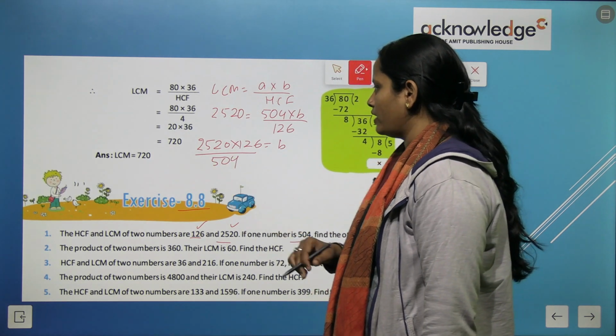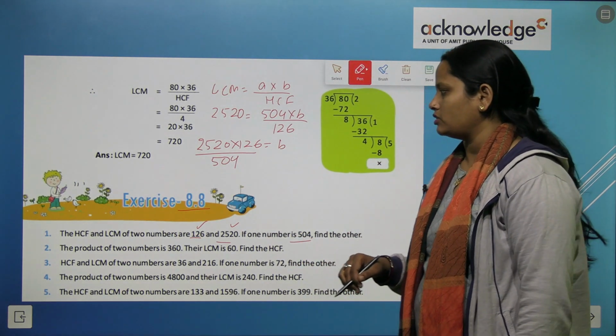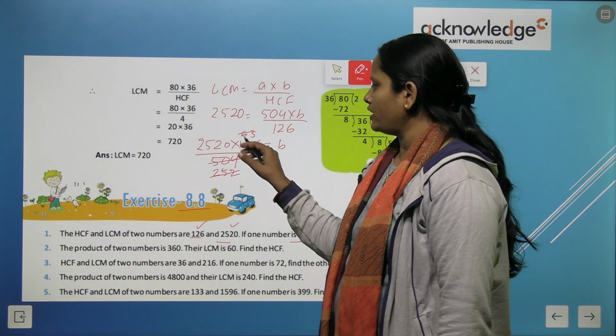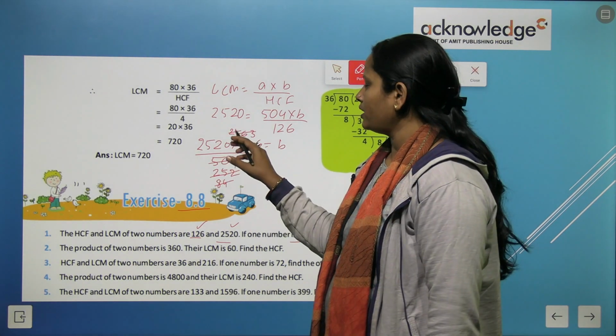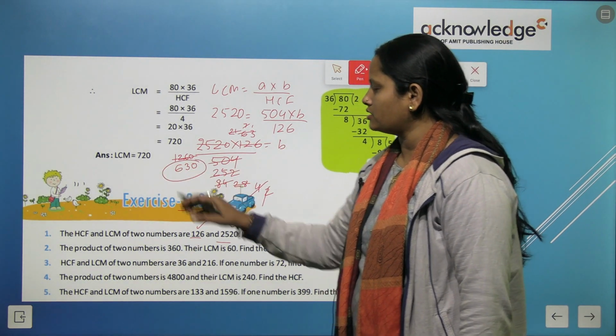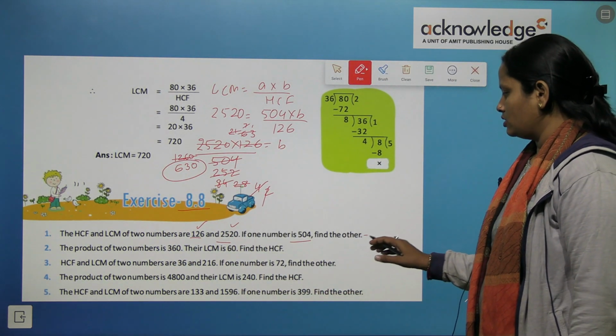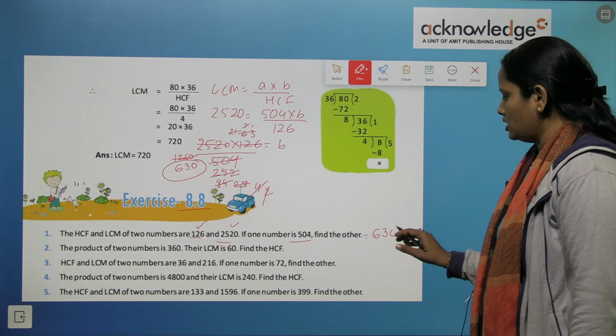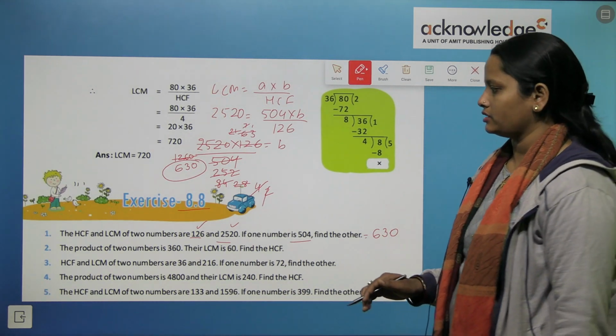Means we have to divide with this number. So let's divide it by 3 now. Now again by 3. So children, on dividing all this, we get 630 as the number. So here 630 is the number that we get.